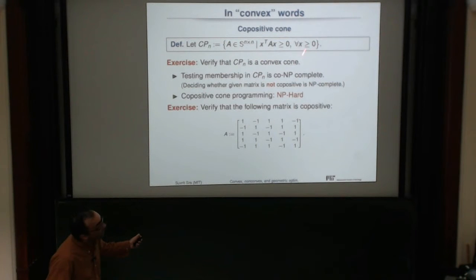The semi-definite cone wouldn't have that last constraint. This one has that. So you can verify that if two matrices satisfy this, then their convex combination continues to satisfy this, and of course non-negative scaling will trivially continue to satisfy this. So it is a convex cone.